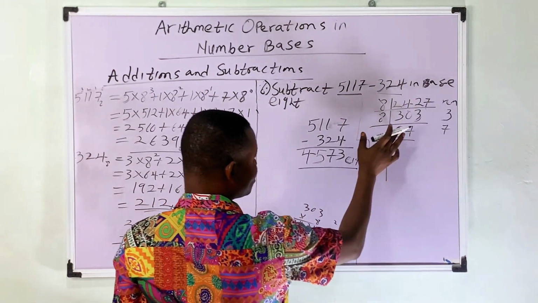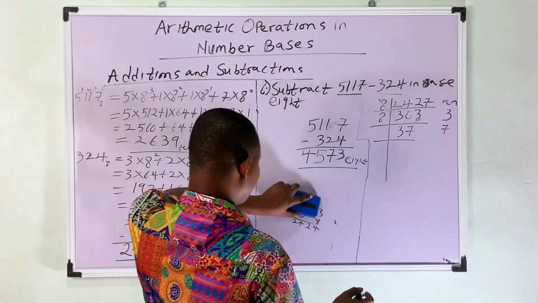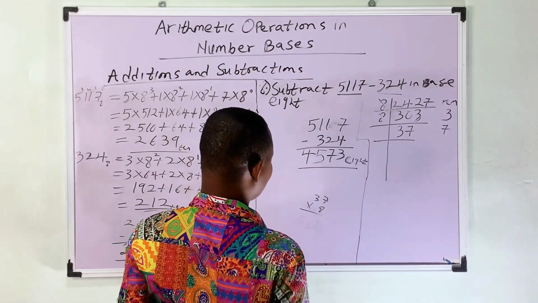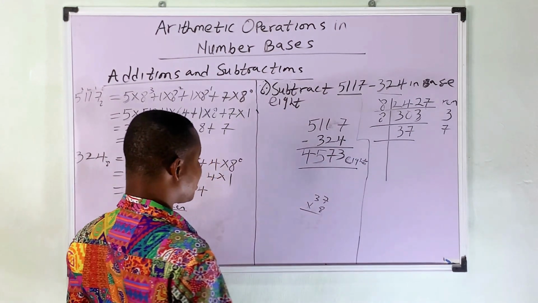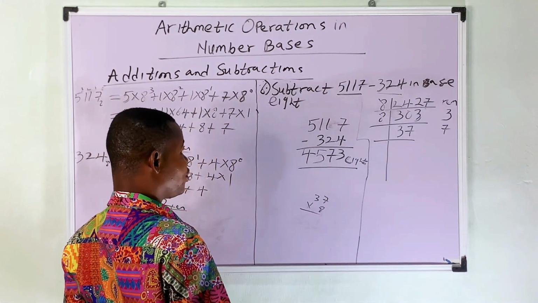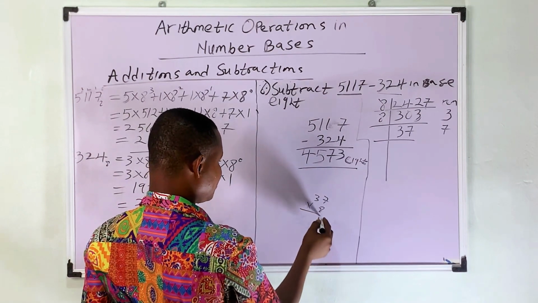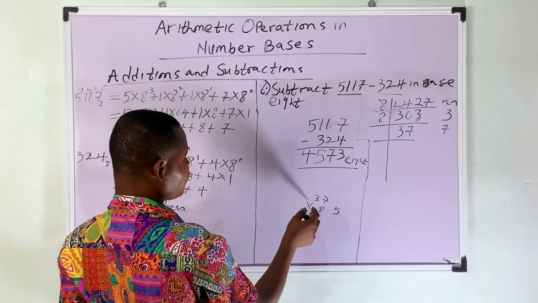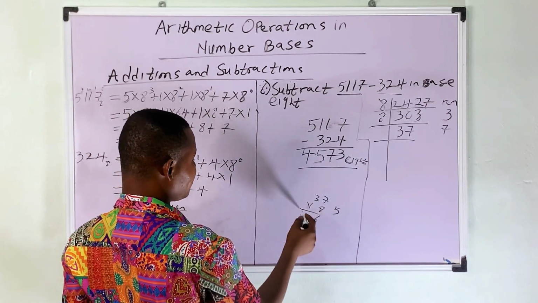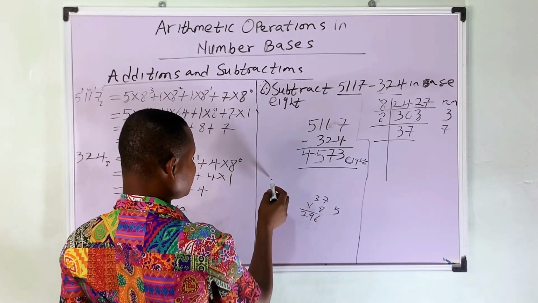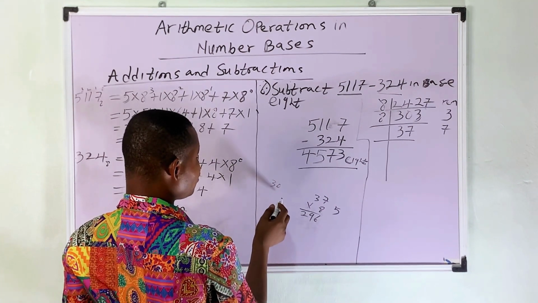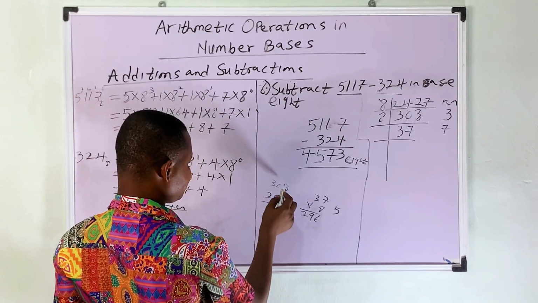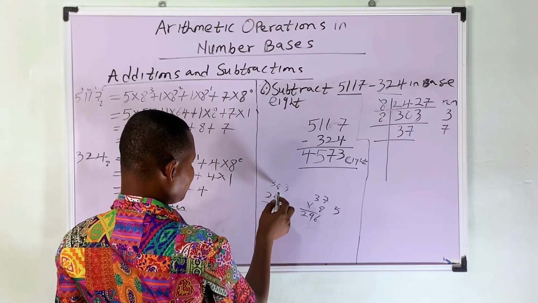Let's clarify it. If you say 37 times 8, 7 times 8 will give us 56. 8 times 3 is 24. 24 plus 5, that's 29. So if we deduct 296 from 303, we borrow 1.